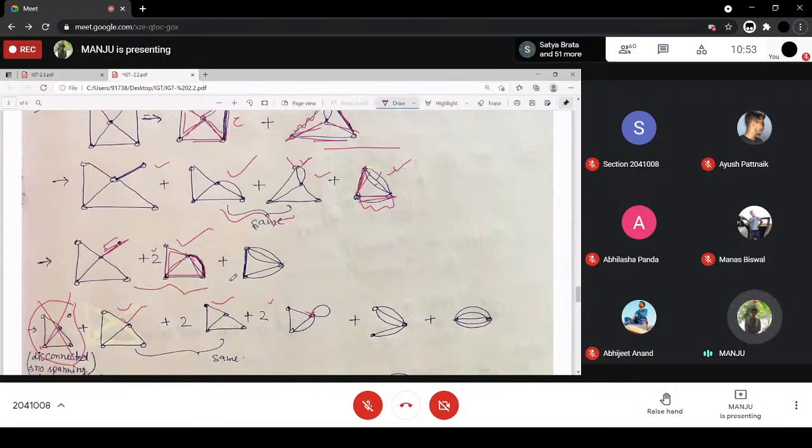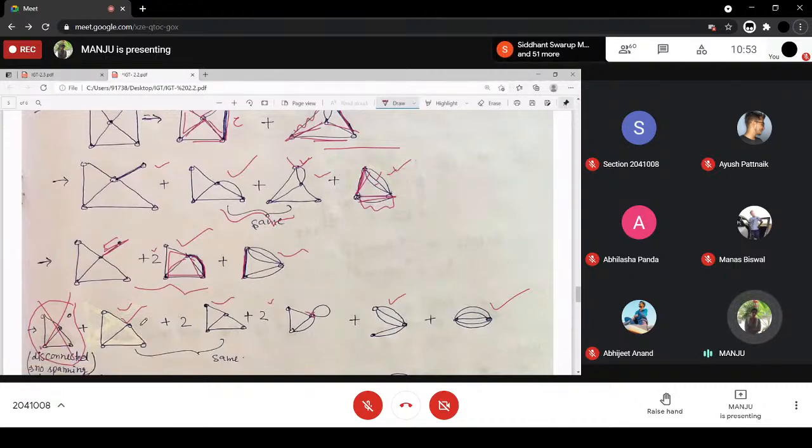So this was all about this one. What about this one? You take this edge, first this graph minus this edge, and then contract this one. If you contract it, you will get this structure.